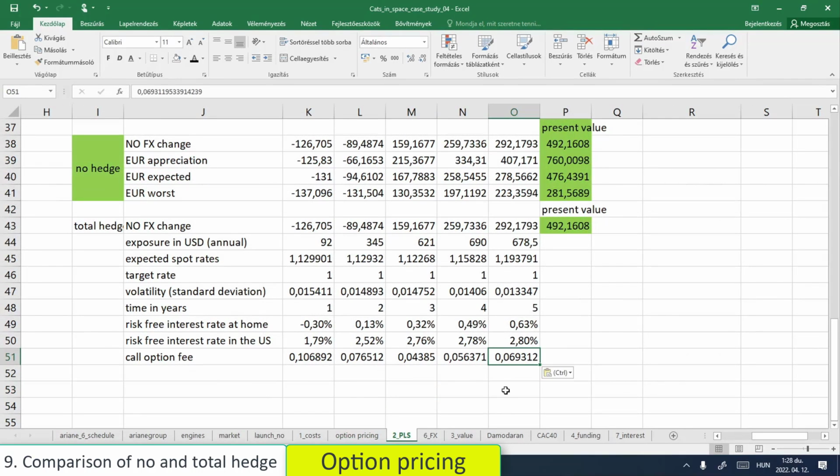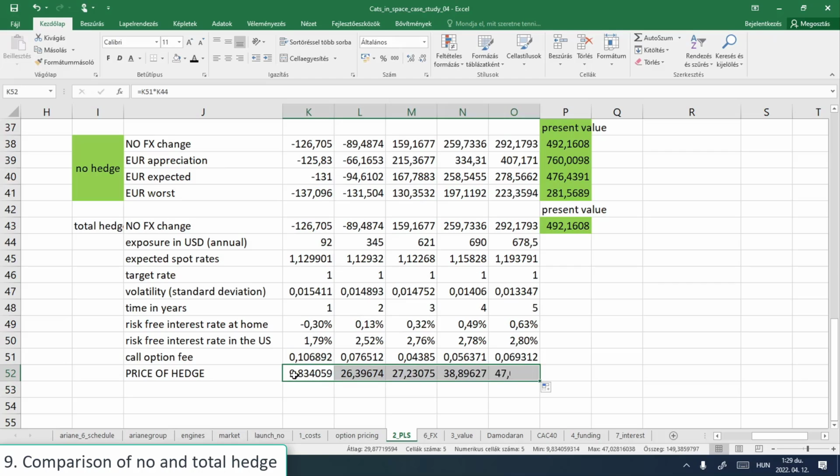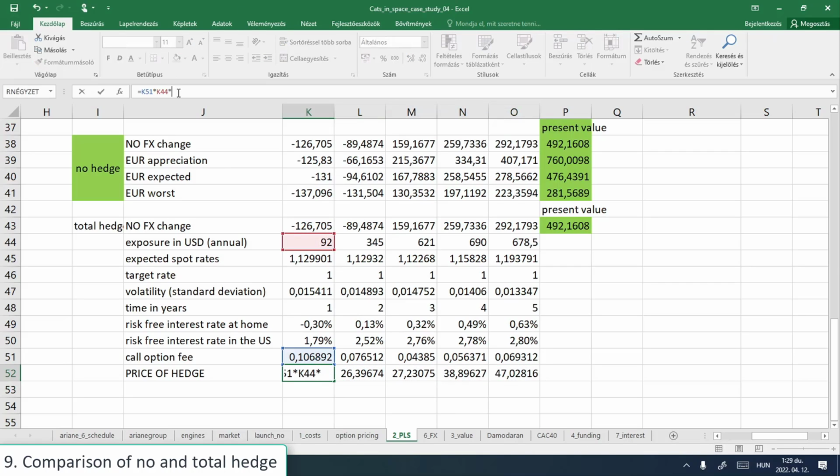So now we can see that, okay, those are all the option fees. So the price of hedging, with caps lock. So this number multiplied by the exposure here. Yeah, we just have to multiply it also with millions.